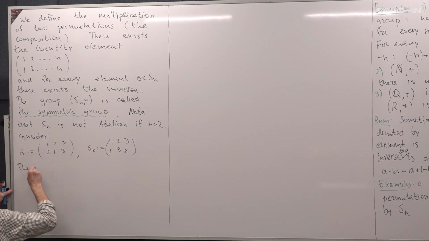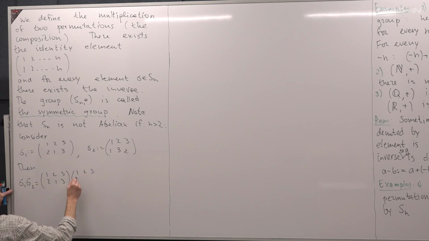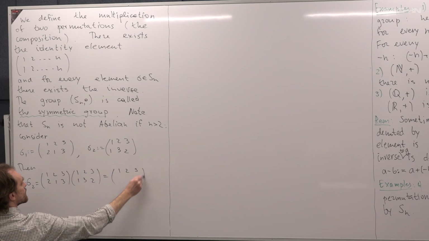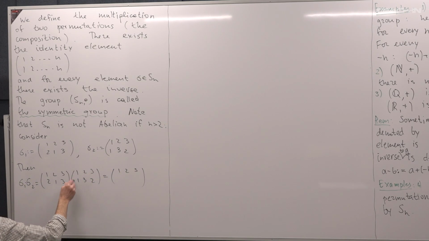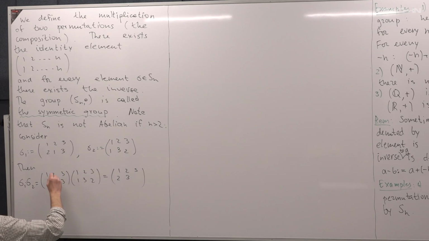Then sigma 1, sigma 2 is what? So let us multiply the two permutations in this order. So what are we going to get? So here 1 goes to 1, and then 1 goes to 2, 2 goes to 3, then 3 goes to 3, and 3 goes to 2, then 2 goes to 1.